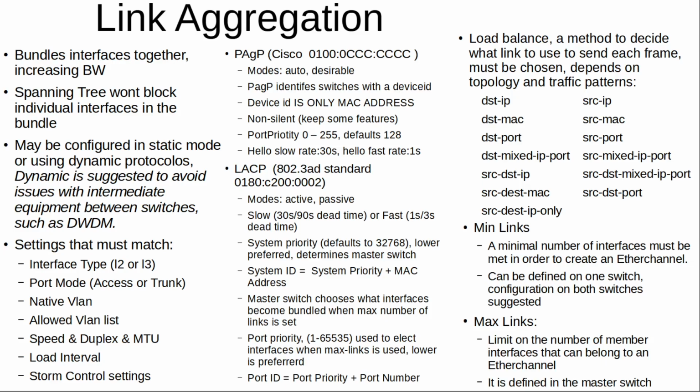These algorithms can use source information or destination information of your frames and packets, and can take into account the IP address, the MAC address, or the layer 4 port numbers in any combination of these. The min link setting defines a minimal number of interfaces that must be met in order to create an EtherChannel. The max link setting will limit the number of interfaces that can belong to an EtherChannel.